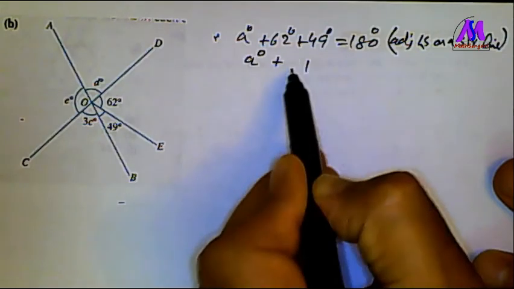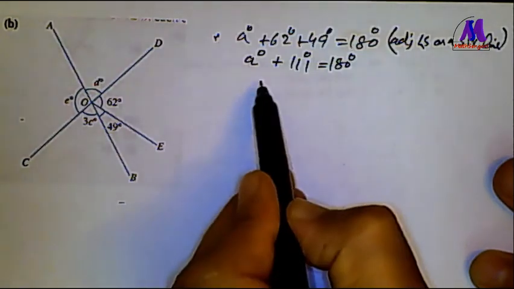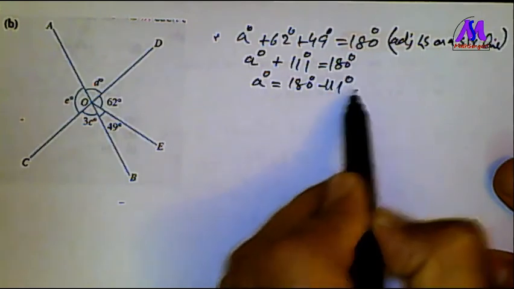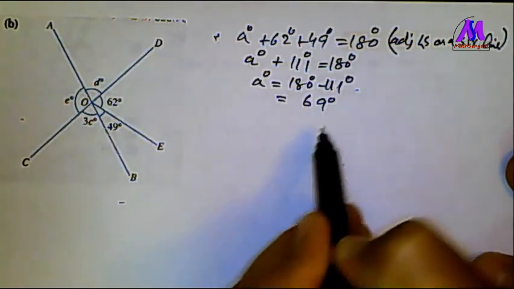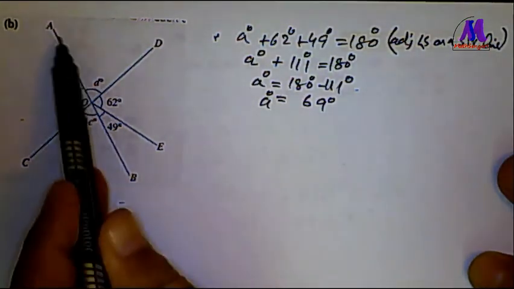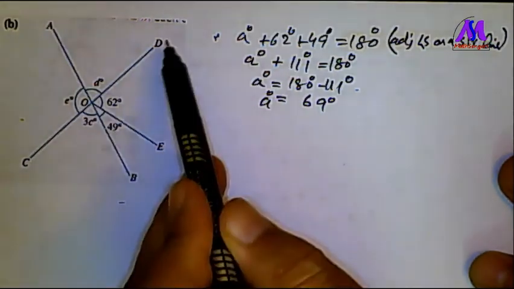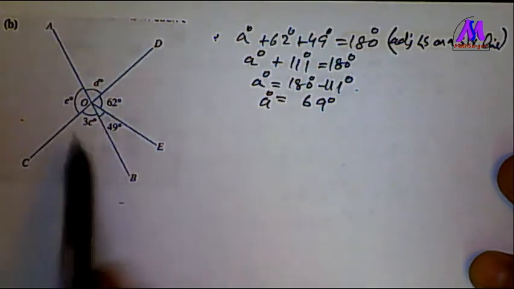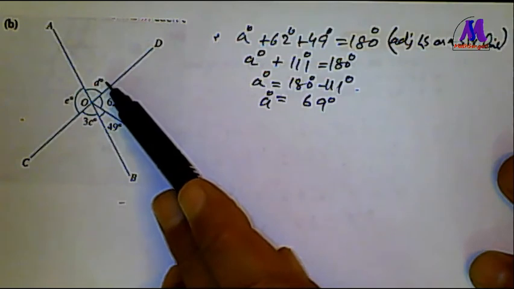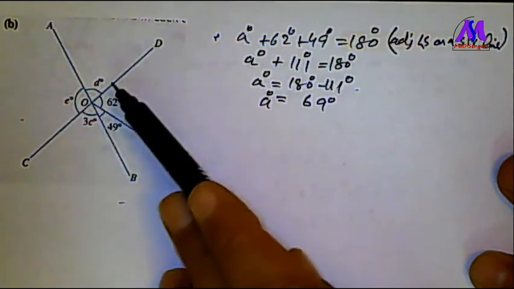So a degrees plus 111 degrees will be equal to 180 degrees, and again a degrees will be equal to 180 degrees minus 111 degrees, 69 degrees. So a degrees will be equal to 69 degrees. Line AB intersects line CD, so it means a degrees and 3c degrees are vertical opposite angles.